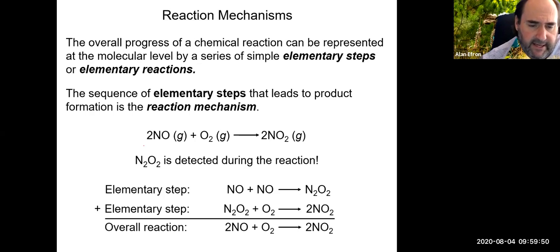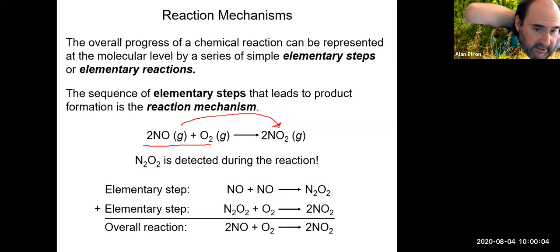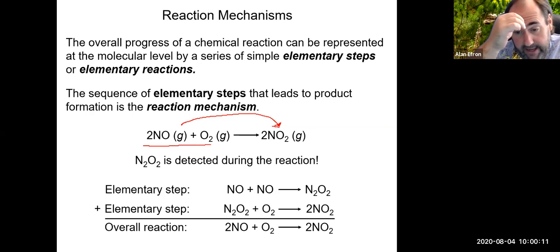Like if we take this particular reaction here, we oftentimes would look at it and just go, okay, it just directly goes from here down to here. And for a lot of reactions, that's really not the case. A lot of reactions actually occur in several different steps along the way, and you basically can add up all these steps and get the overall reaction that's taking place.